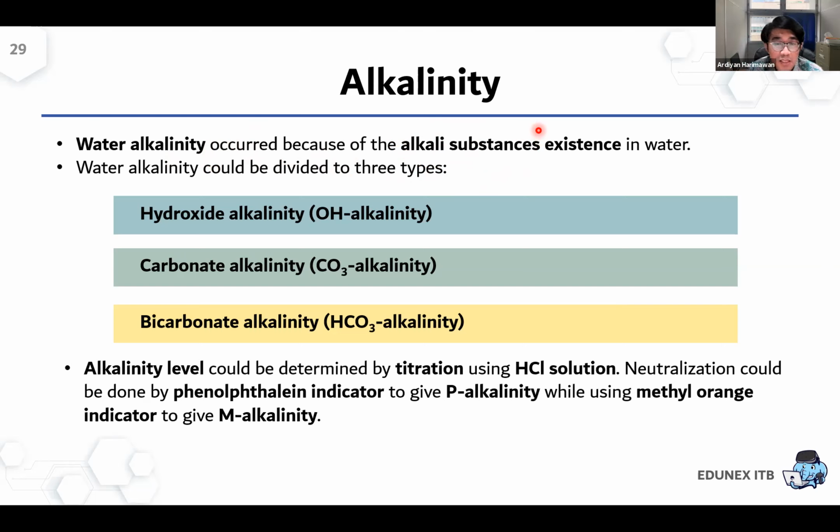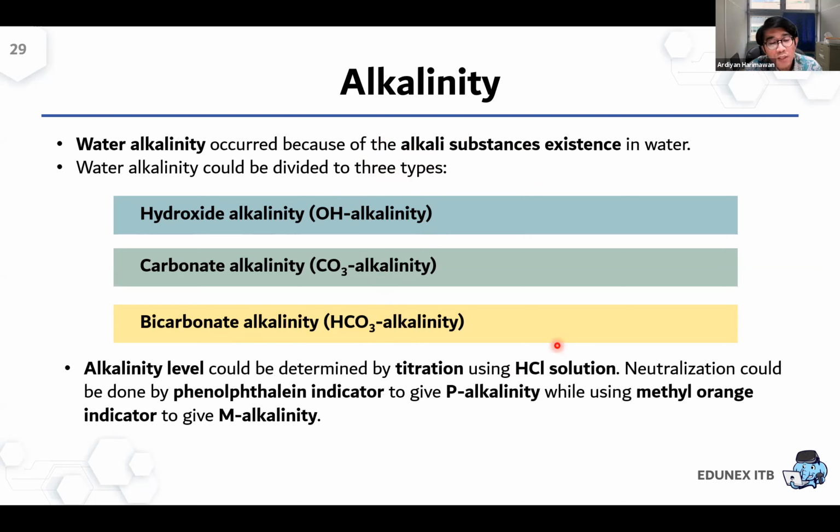The alkaline substance in the water can be from hydroxide compounds, carbonate compounds, or bicarbonate compounds. So it's from the anion side, whether in hydroxide, carbonate, or bicarbonate. And please remember again, to determine the concentration of alkali, you have to use an acid solution.